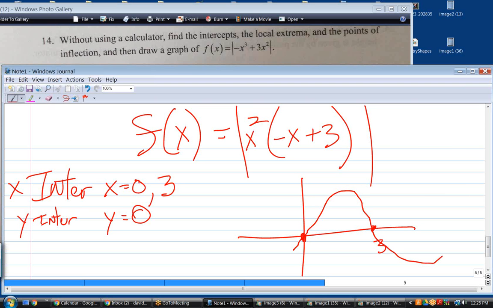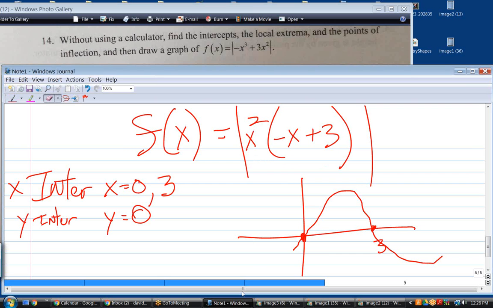Does that work? Let's see. In other words, as x is 2, that's a positive number, so we're going to be rising. And then as x gets to be 3, we get back to 0. And then as x gets to be greater than 3, this number is negative, this is still positive, so we have to be in negative territory.